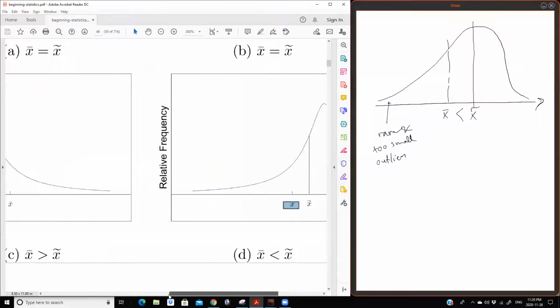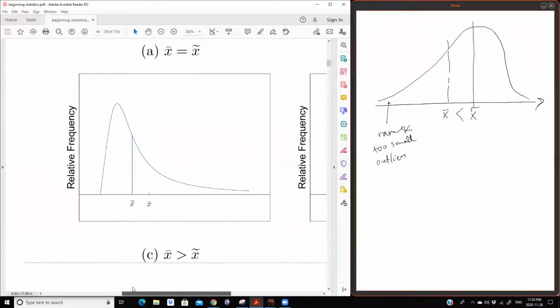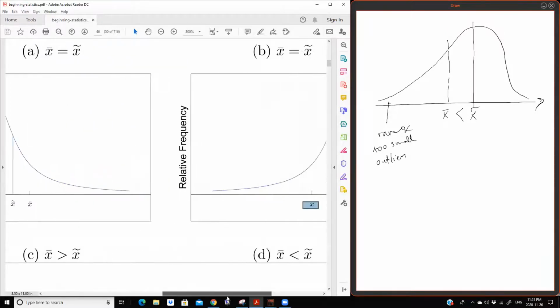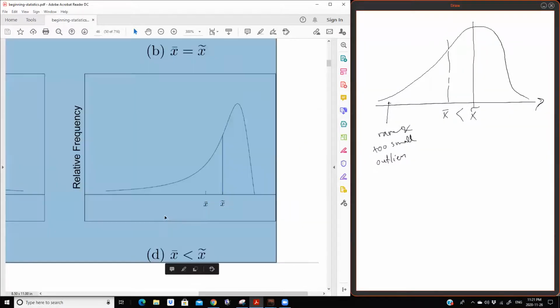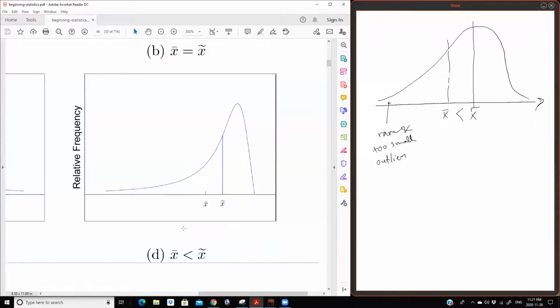So do you understand the difference between these two? In this one, the outliers are in the high end, so they will pull the mean towards themselves. So the mean is going to be bigger than the median. In this one, the outliers are in the low end, so again they will pull the mean towards themselves, so the mean will be smaller than the median.